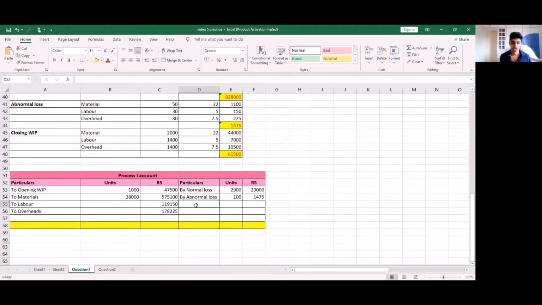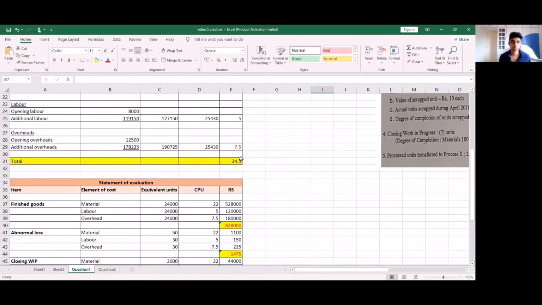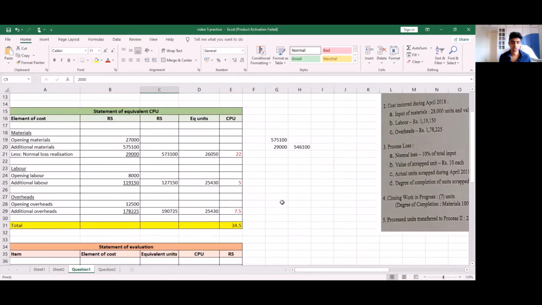Next, we have our finished goods. So we have by finished goods, we will leave the units and amount for our balancing figure. Lastly, we have our closing work in progress. We calculated our closing work in progress as 2,000 units.